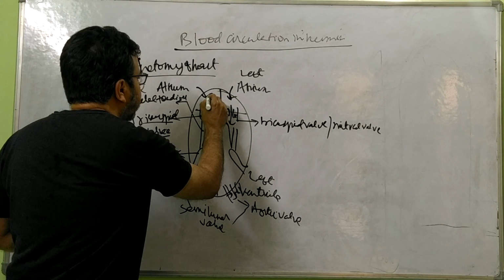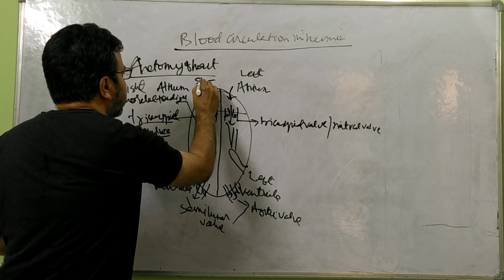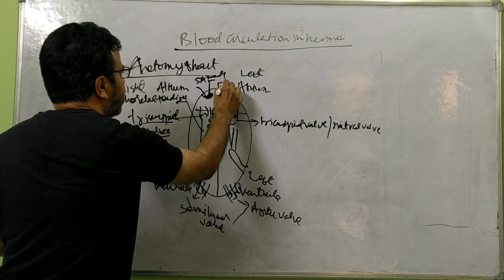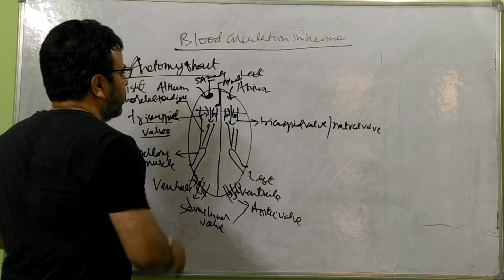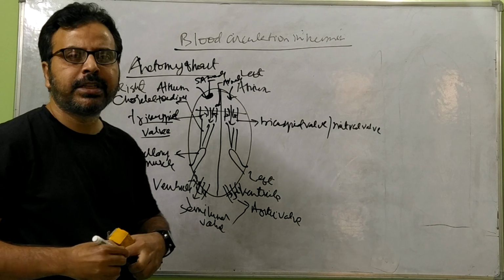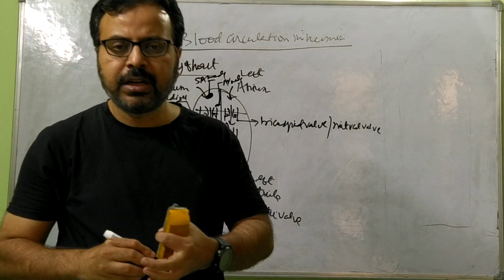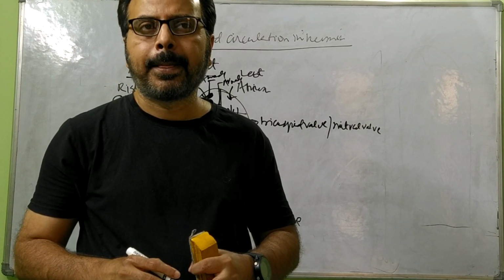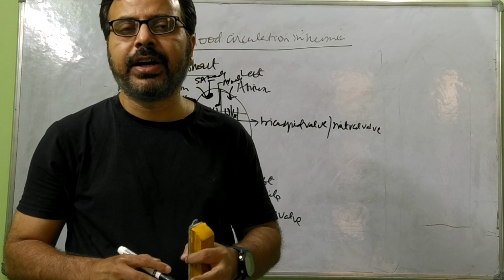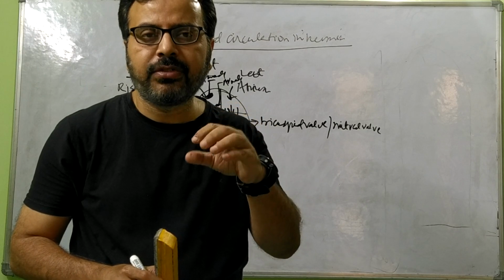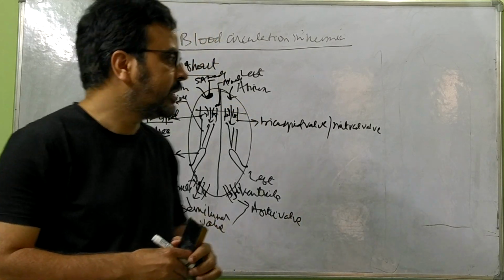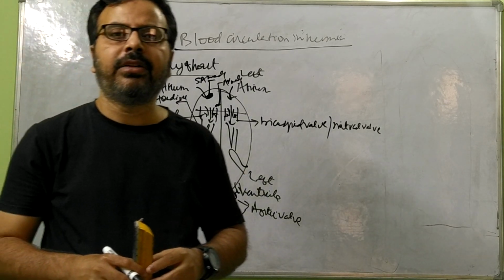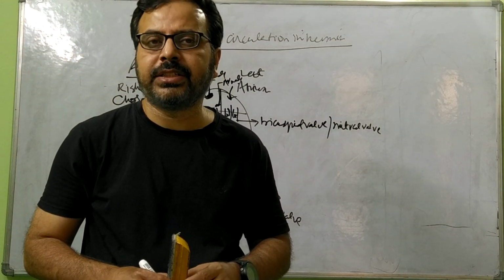Now here it is the SA node, and here it is the AV node. The AV node and SA node are special nodal musculature, causing constant firing of electrical impulses at a constant rate, first to the atria and then to the ventricles down the path, leading to atrial and ventricular systole, or contraction.